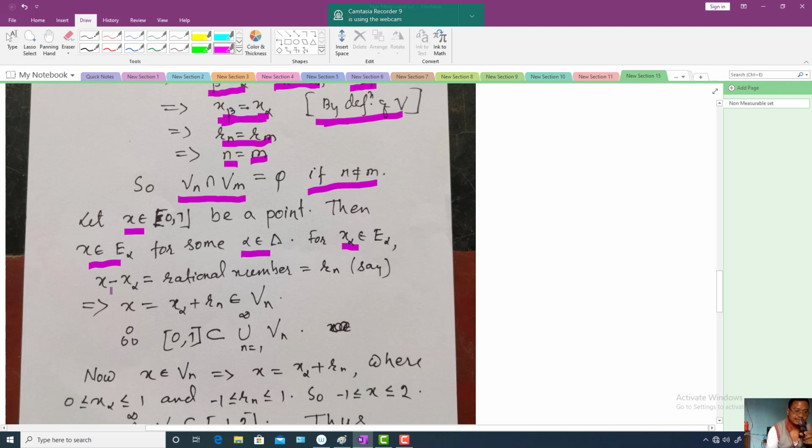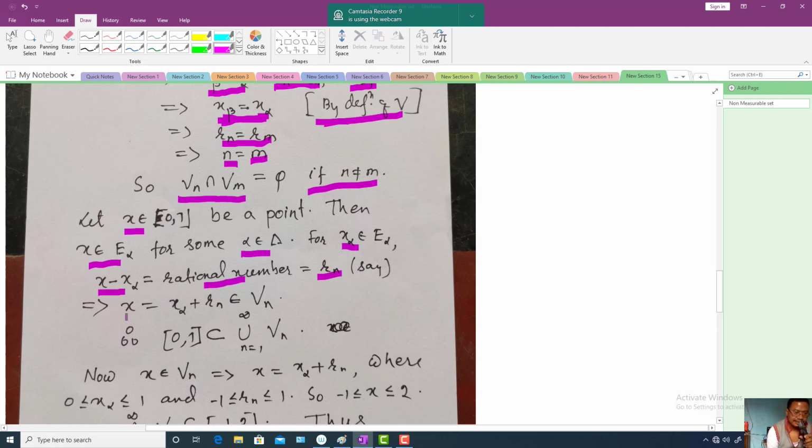By the definition of the relation, both x and x alpha are in E alpha, therefore they are related to each other. That means x minus x alpha is a rational number in -1, 1, so it must be equal to some Rn, because the set of rational numbers has been enumerated by R1, R2 like this.